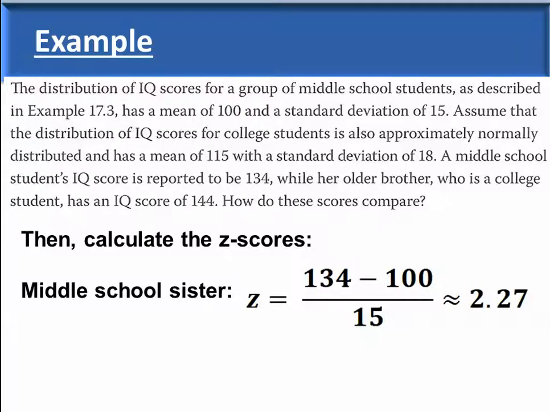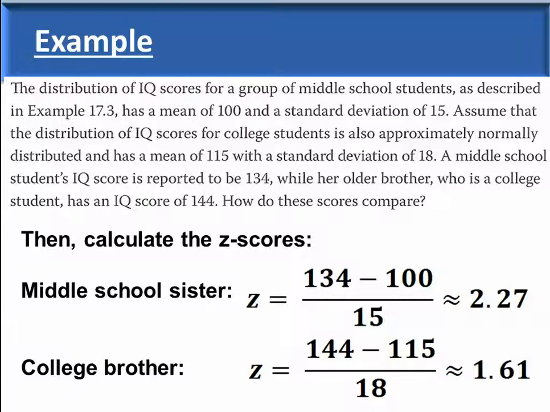For the middle school sister, you take the data value minus the mean divided by the standard deviation, and that comes out to approximately 2.27. And for the college brother, same thing. Data value minus the mean divided by standard deviation comes out to 1.61. This is a very important formula that you're going to have to learn because you're going to be using it several times. So data value minus mean divided by the standard deviation.